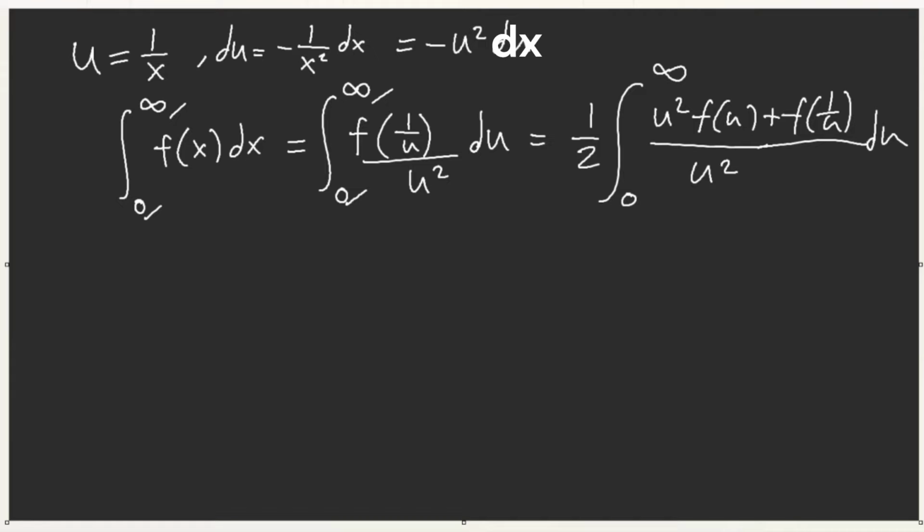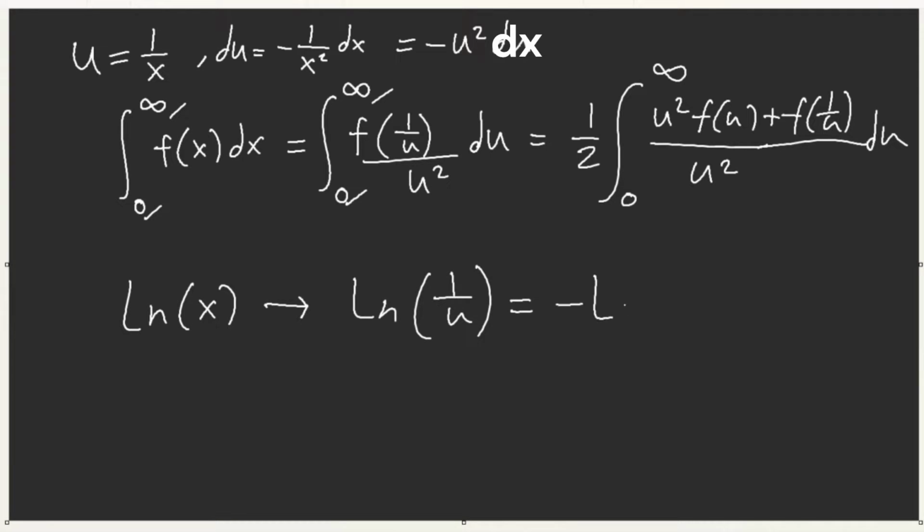So you use this with functions that have a certain specific property. Most commonly in this section, we're going to go over logarithms. Logarithms have a thing where we have ln of x, but when you switch it to 1 over u, it becomes negative ln of u.